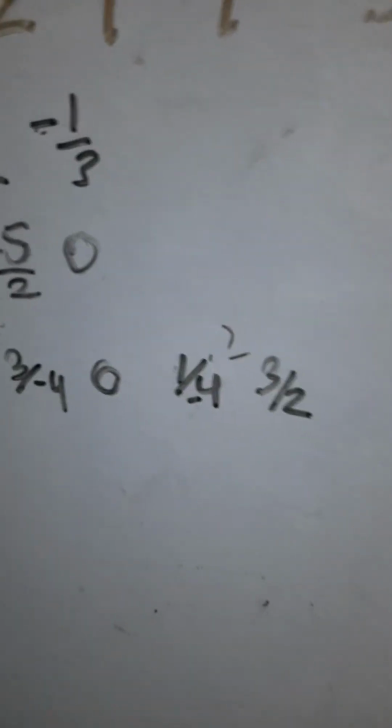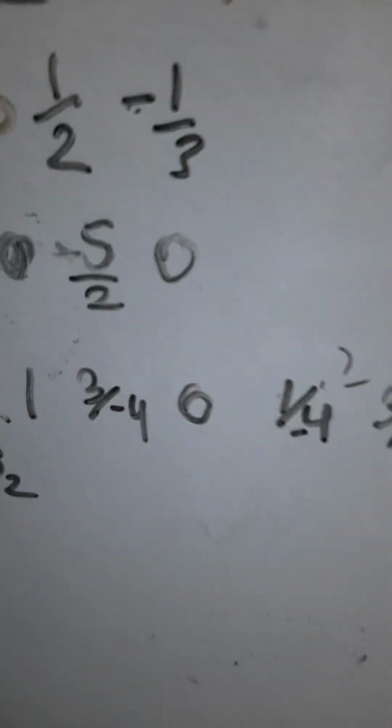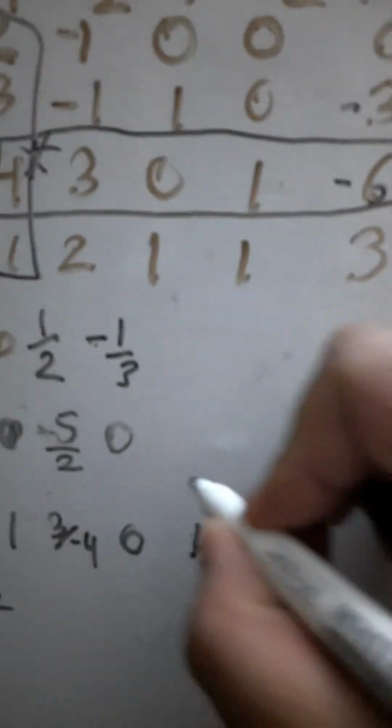So minus 1 by 2, minus goes up. It is the same thing. Minus can travel to numerator or denominator. So minus 1 by 2 plus 0 is minus 1 by 2, right? So we get minus 1 by 2.